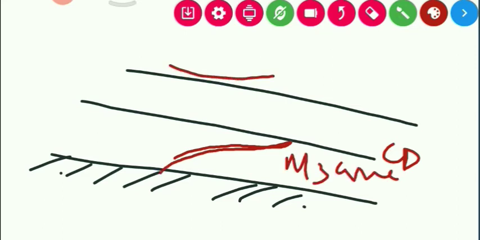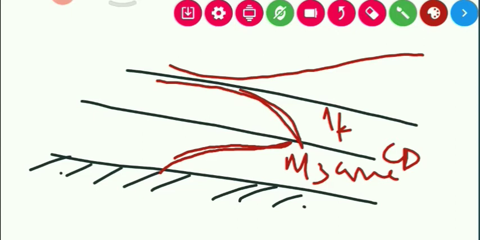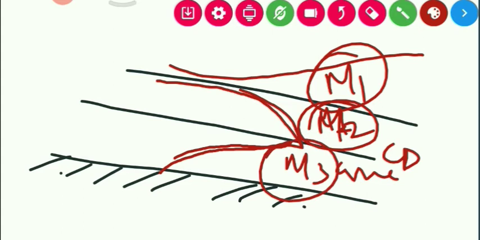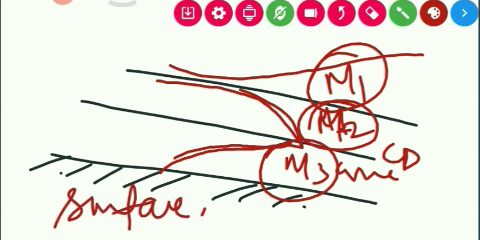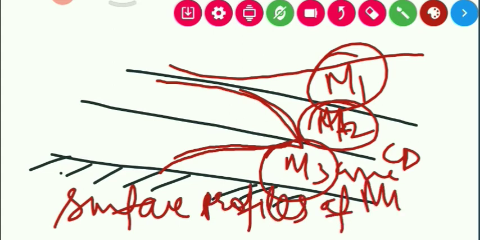So this was the M1 curve, this was the M2 curve, and this is the M3 curve. So this was all about the surface profiles of mild slope.